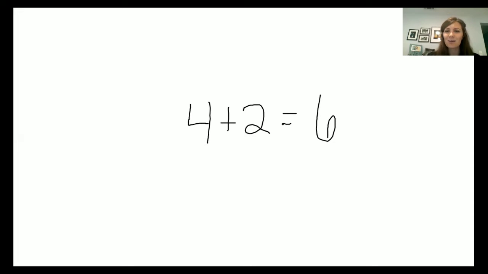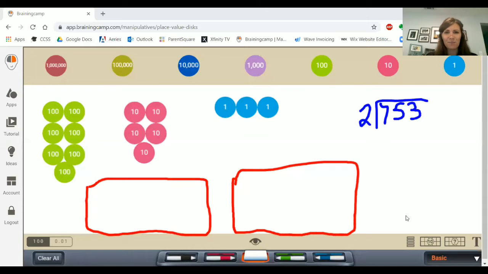So let's go to my whiteboard here. And if you noticed in our last video together, I had actual hands-on manipulatives of these same ones.